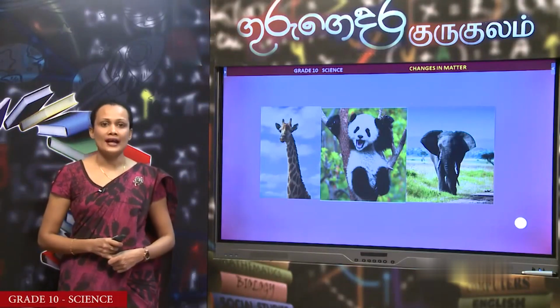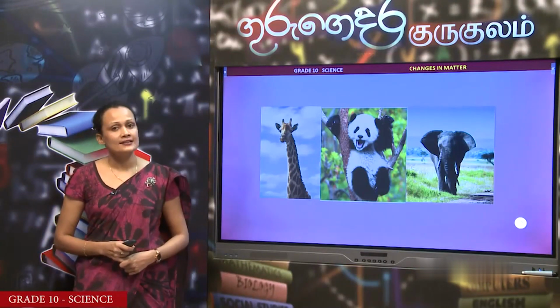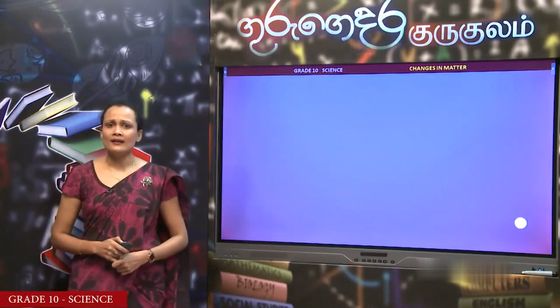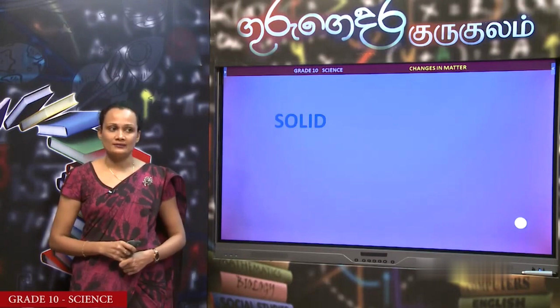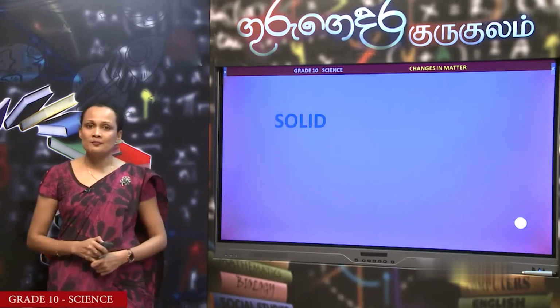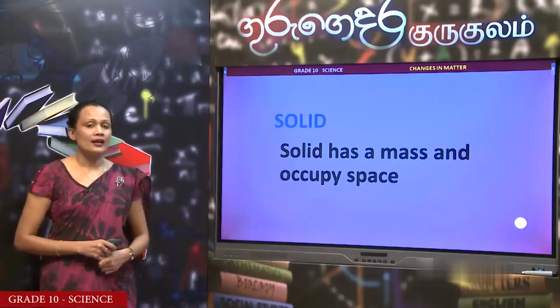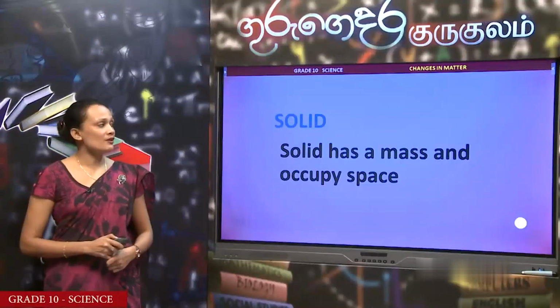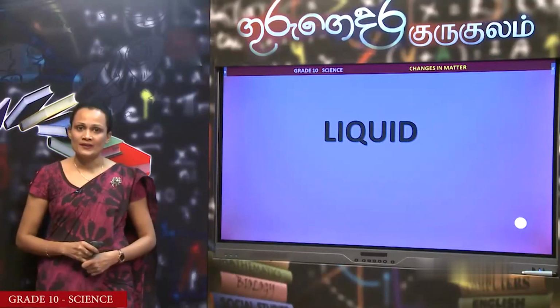Likewise, all animals we can take as solid matter. Now I think you have an idea about solid matter. Solid matter has mass and occupies space. That's why we take solid as one state of matter. Then we will move to the next one.